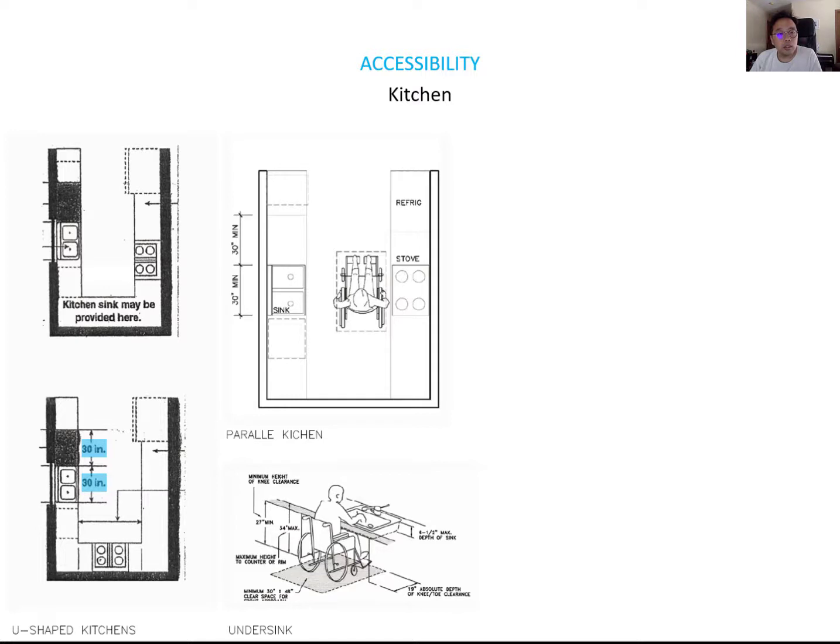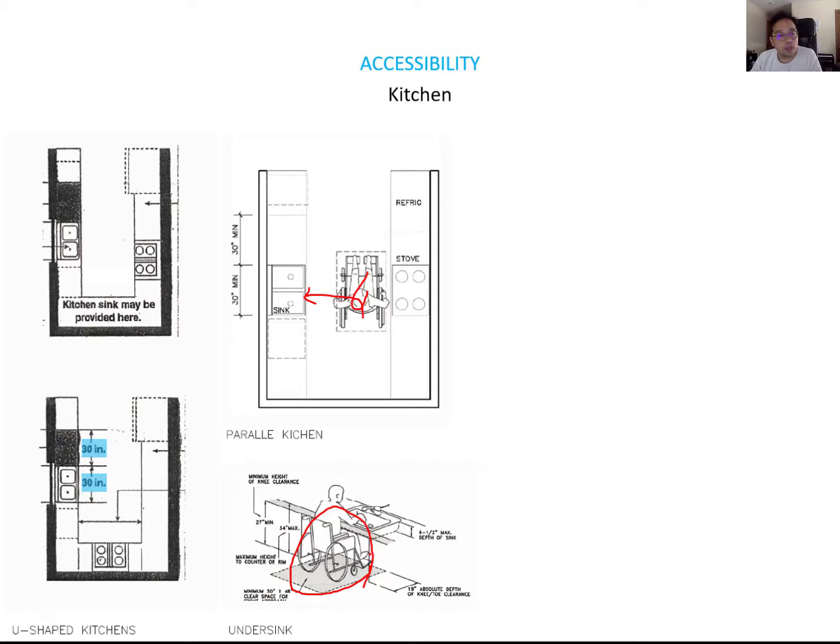Okay, so you can understand the part here. When you're designing in front of a fixture, you always provide 30 by 48 inch. However, in this case, the wheelchair user has to work at the sink, so from this region you have to clear out under the sink. In your apartment, mostly you have an under cabinet under the sink.